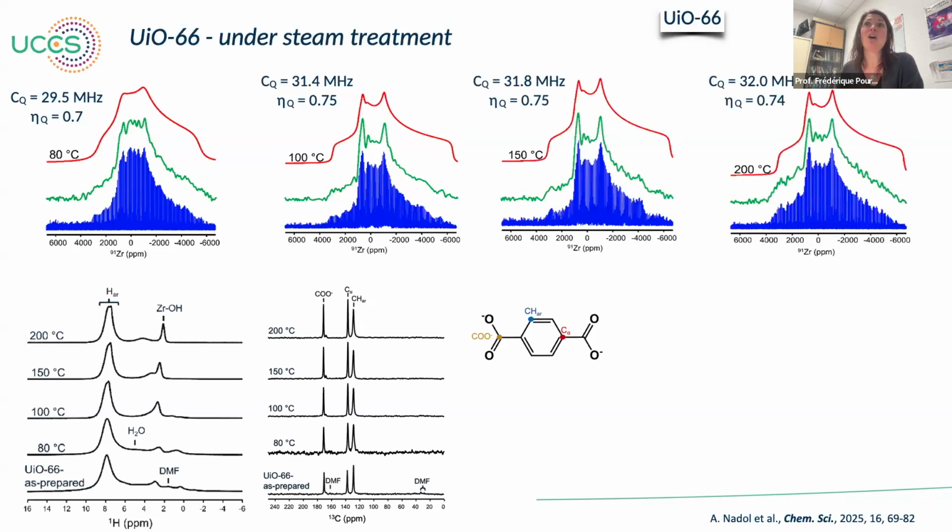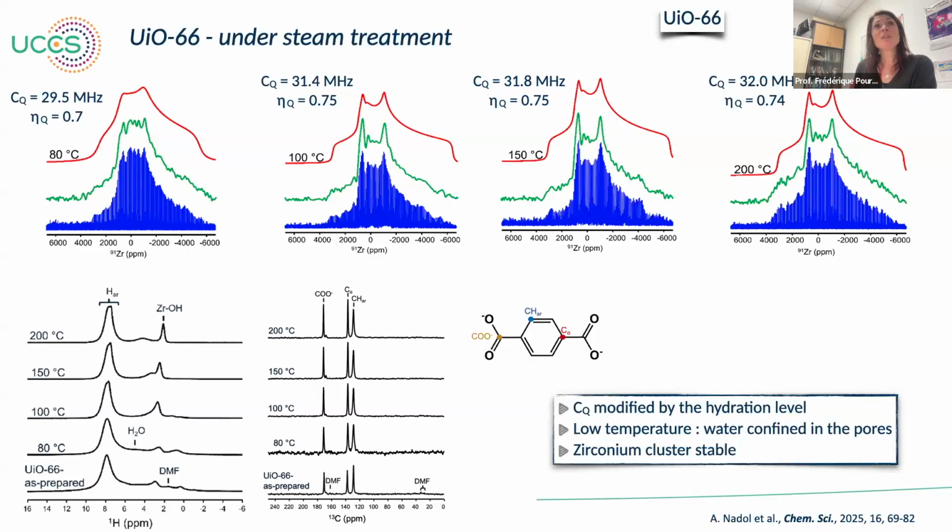That is also the case for 150 and 200 degrees C, where the signal is really similar to only one crystallographic site of zirconium-91. So the CQ that we observe could be a spy for understanding the hydration level of your sample.